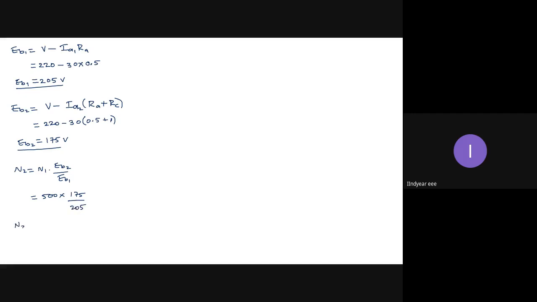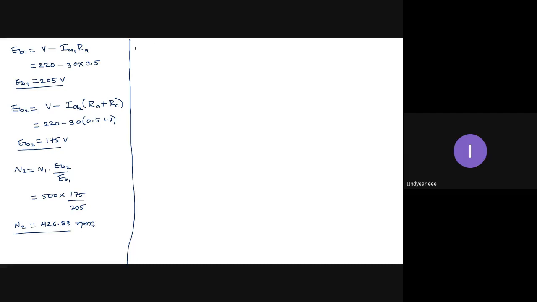So my new speed at full load is 426.83 RPM. This is the new speed at full load when a resistance is inserted in the armature.